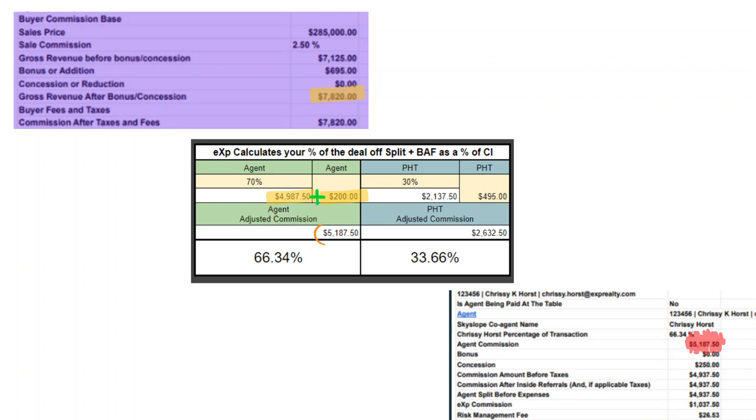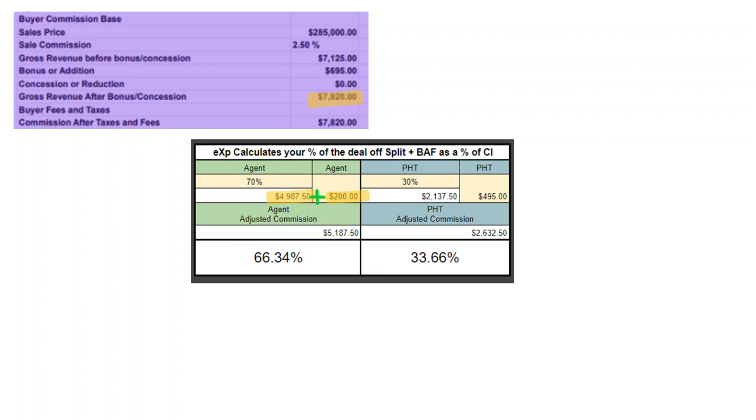So for this one, I'd get my 70%, but they're going to add 200 to mine to give me 5187.50, which is the number that is on the email right below that percentage of transaction. And that is 66.34.